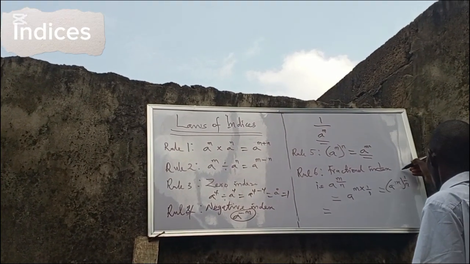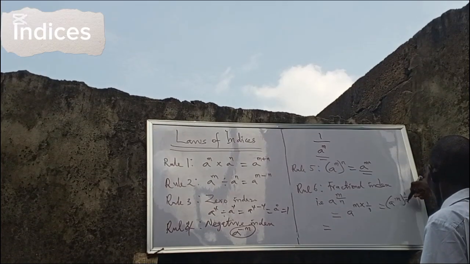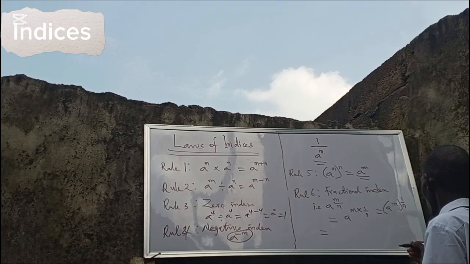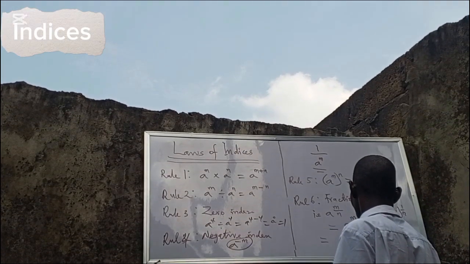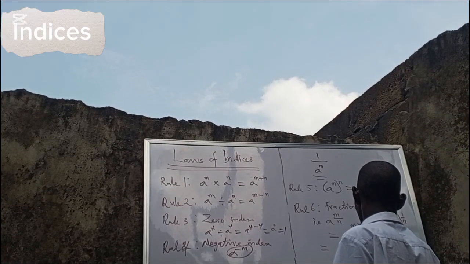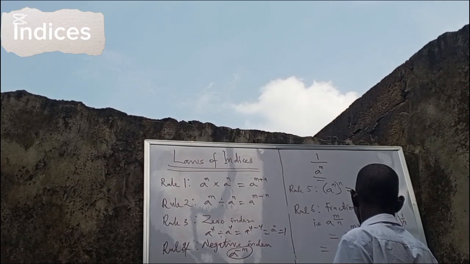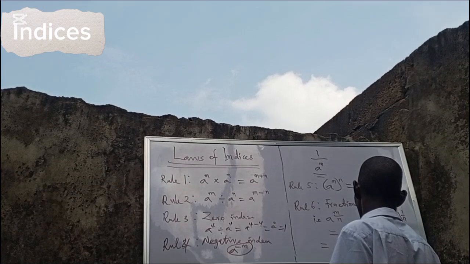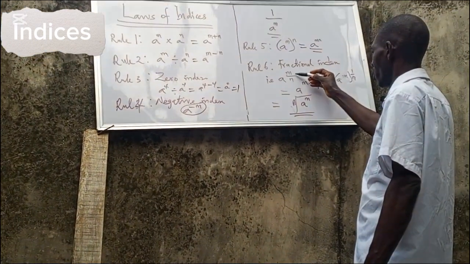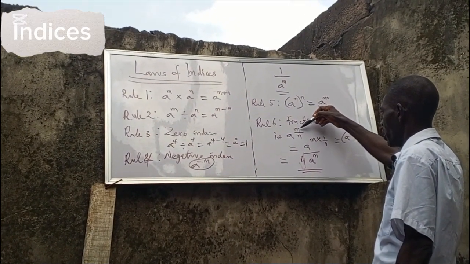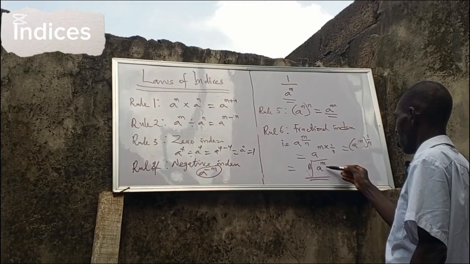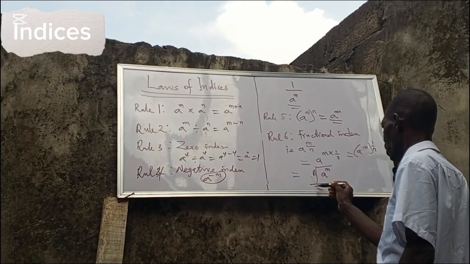This is representing a root, so in such a case, it's going to be the nth root of A raised to power m. So if you have a fractional index, this is the way to go about it. When you have a fractional index, maybe you're having 1 over 2 or 3 over 4, this is how you are going to solve the equation.